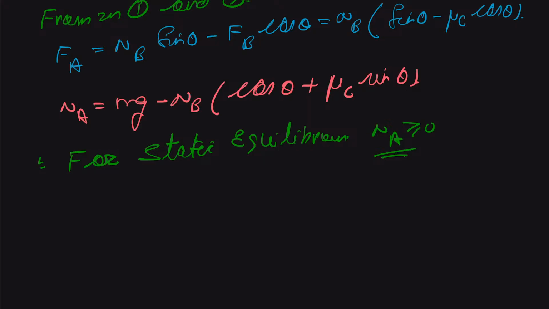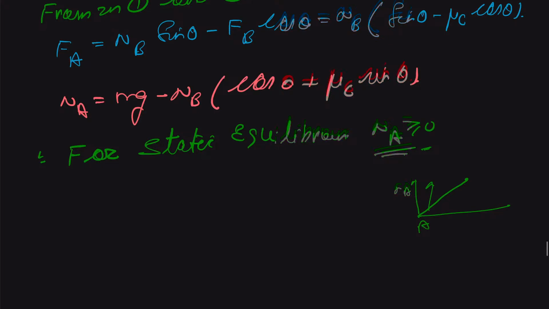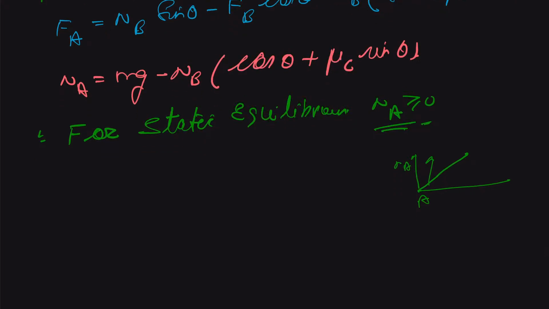Because the stick is connected at point A, if the normal at A is less than 0, the stick will lift and there will be no static equilibrium. Okay, so we consider the limiting case.